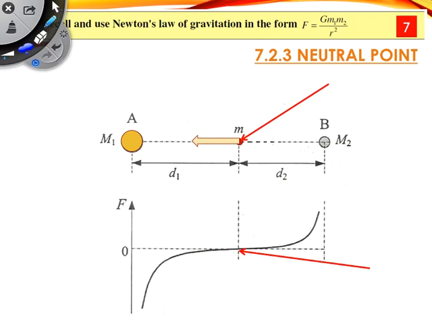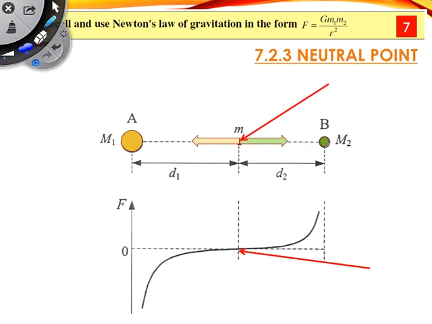How about B? B will also try to attract small m and pull it towards the right. So there are two forces acting on small m. One of it is due to A, the other one is due to B. Think about this.